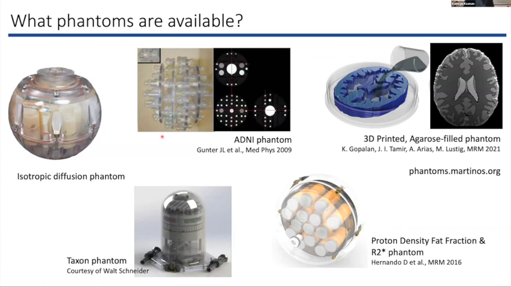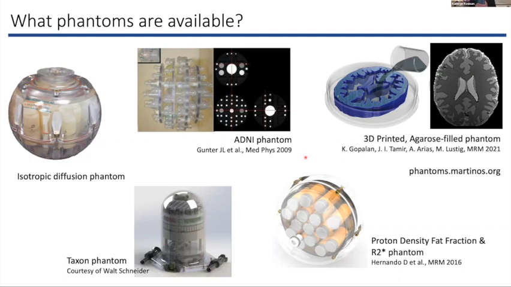And then in addition to the NIST developed phantoms, there's now a commercial version of the PDFF phantom that was developed at University of Wisconsin. Groups at Berkeley and Martino Center have put out different anthropomorphic objects, which are really neat. And then Walt Schneider is leading an effort to include components for DTI in a phantom.